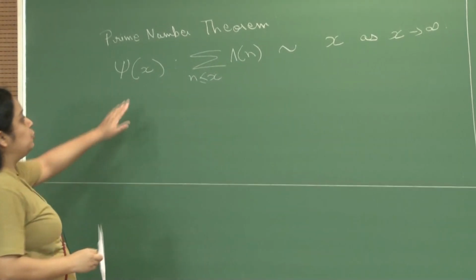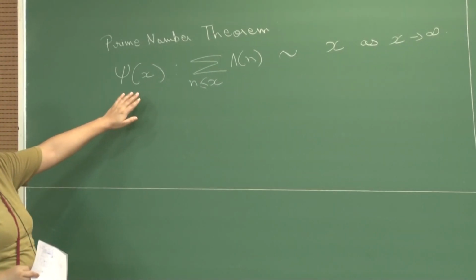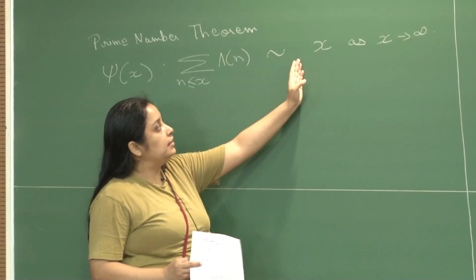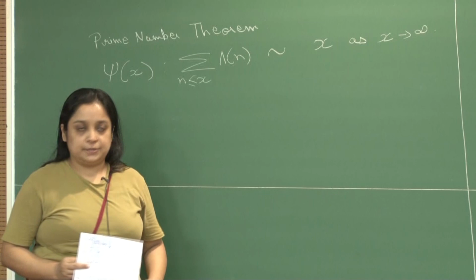And we are actually going to prove a stronger version of the prime number theorem, that is, we prove an estimate with effective error terms.